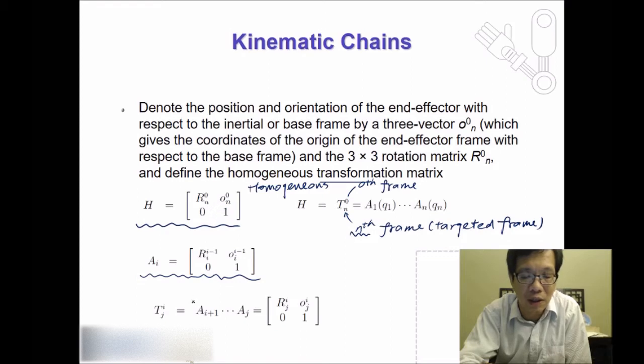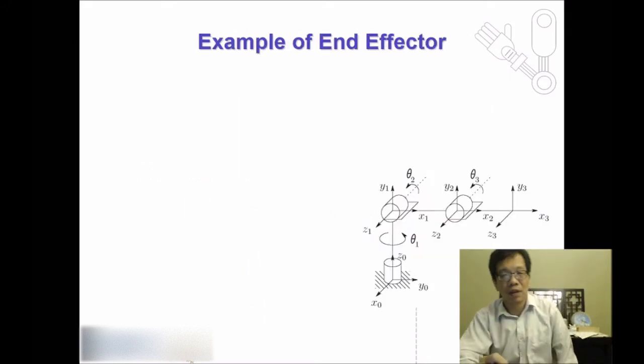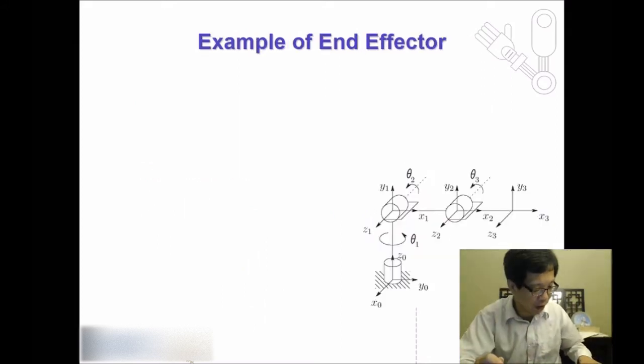If you just need to calculate from I frame to J frame, then this is the formula we're going to use. But essentially, those two matrices are identical. The only difference is that one starts from the zeroth coordinate, and this one just calculates the kinematics from I frame to J frame.